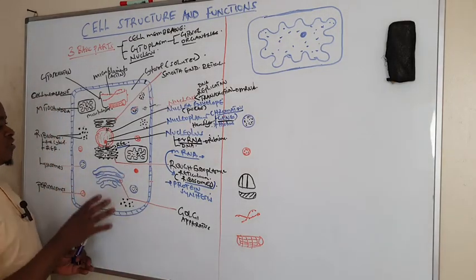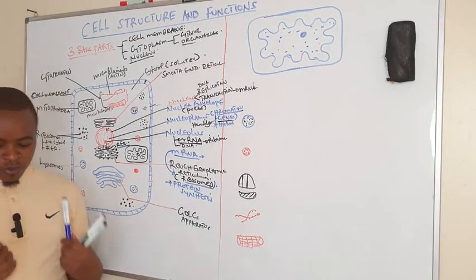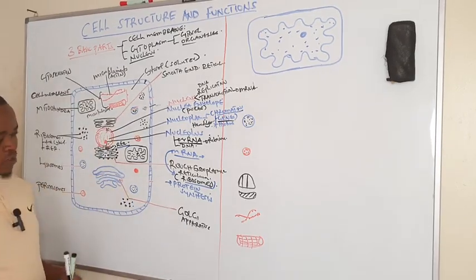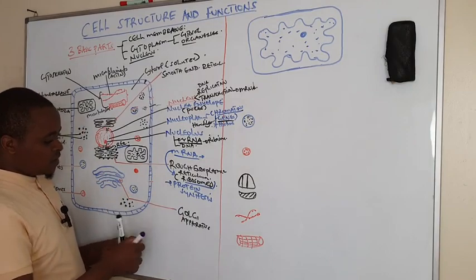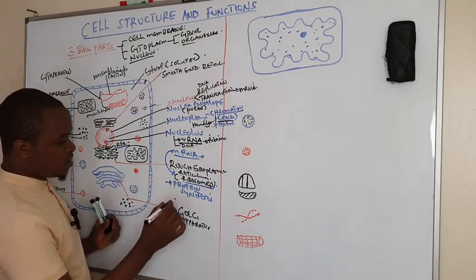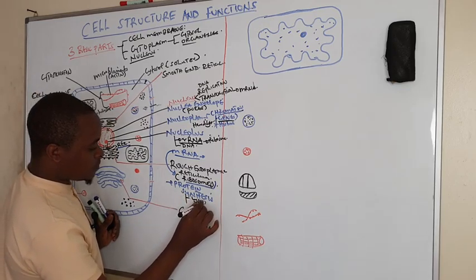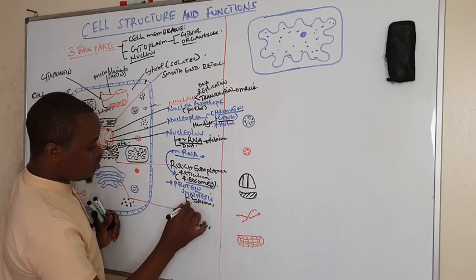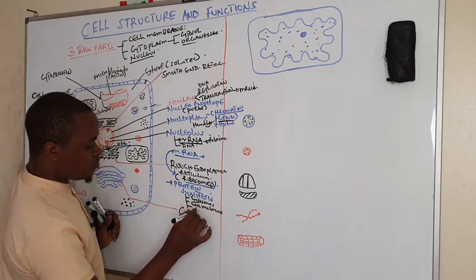So the major function of the rough endoplasmic reticulum is protein synthesis, producing proteins that either will go to the lysosomes, or some are going to form part of the cell membrane, and others are going to be excreted.